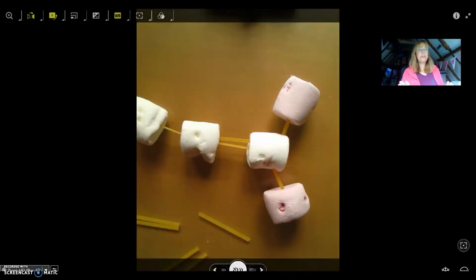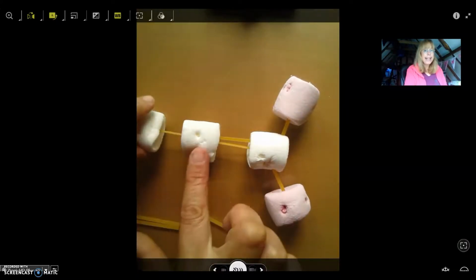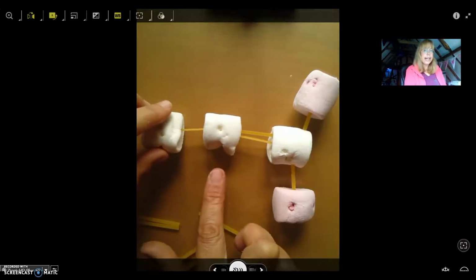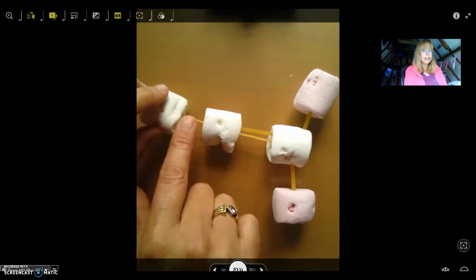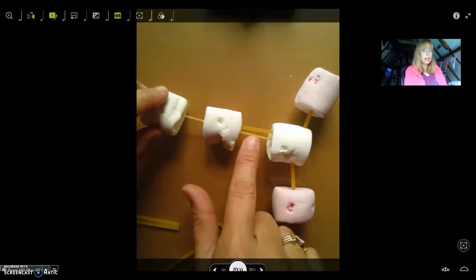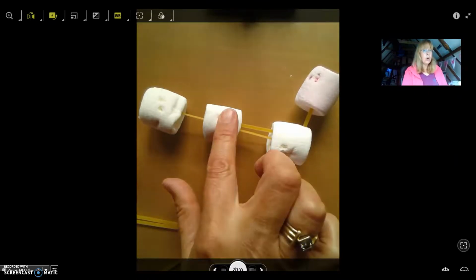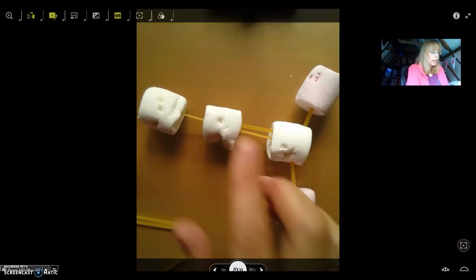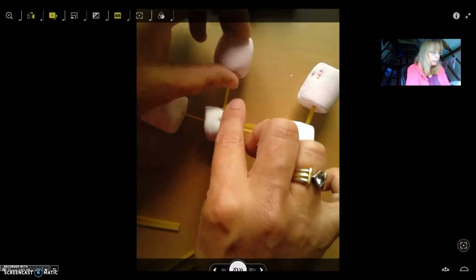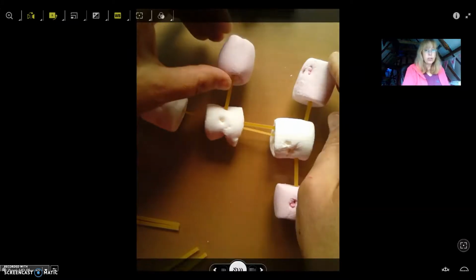Okay, then this carbon here, how many bonds does it already have? Let's count. 1, 2, and 3. So it only needs 1 more hydrogen. Now I can decide that hydrogen is going to go at the top, or I can decide it's going to go at the bottom, and for now let's make it on top of the world.